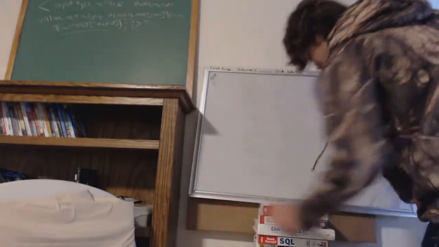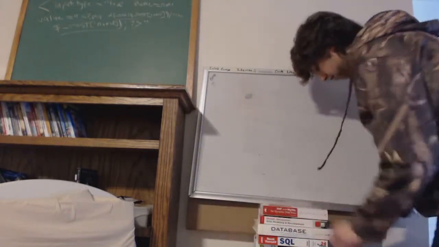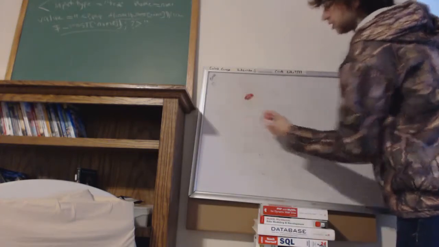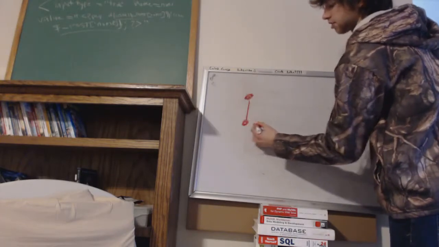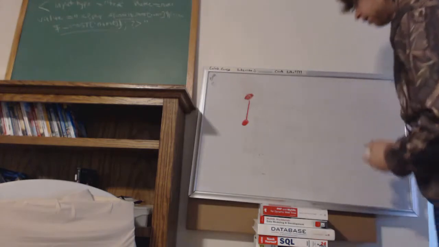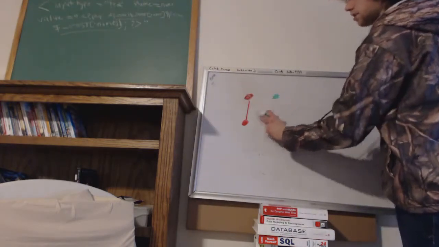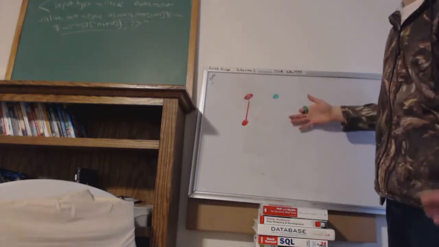Okay, so here we have a company, and this company creates an operating system, right? So this is the operating system they created. Well then, this company over here realizes, okay, this company is giving out a free operating system for anyone to use.